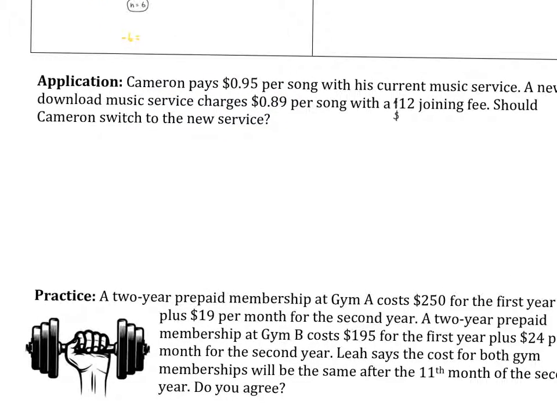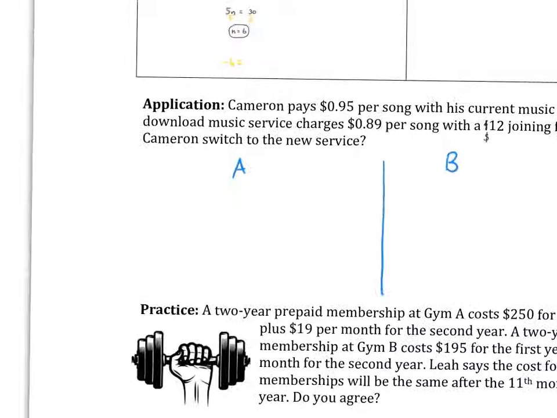So what we want to do is take a look at the two services. We're going to call this service A, and the new service, we're going to call it B. So we're just going to look at two scenarios and consider when they are the same. So first off, the variable needs to be defined here, and it says he pays per song.